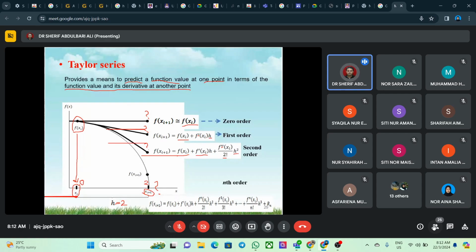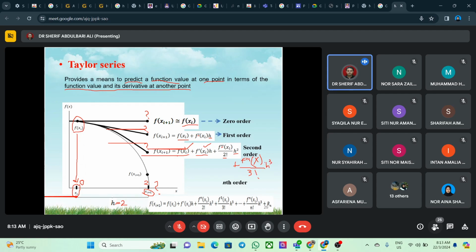So now I think you can imagine if this question is asking you to get the third order. This means you need the function plus the first derivative of the function times the step size plus the second derivative of the function over the factorial of 2 times h squared plus the third derivative of the function, so 1, 2, and 3, x, over the factorial of 3 times h cubed.